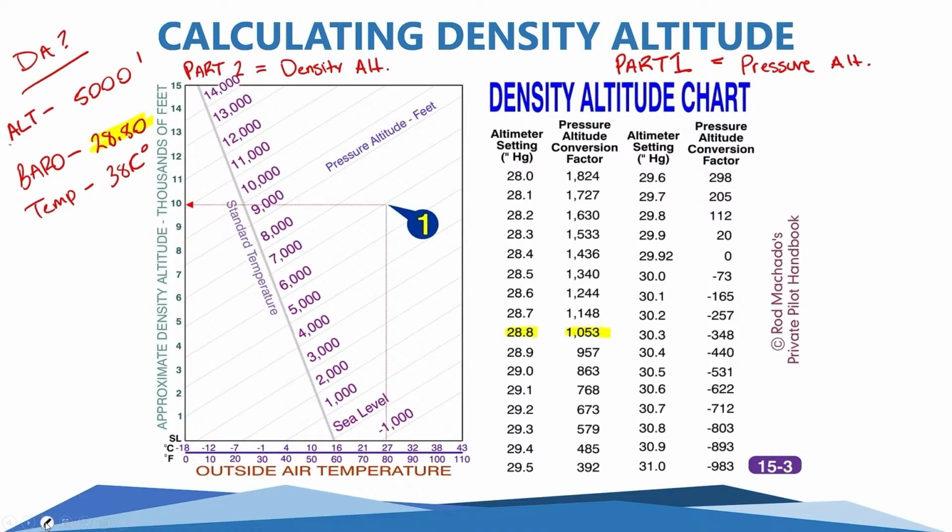The other way that I always do this, and you can ballpark this in the airplane, is, and I didn't really understand this until I was an airline pilot, 29.92 inches of mercury is standard. So that's our standard value. Any number that's less or greater, we're either going to add or subtract to get the difference.